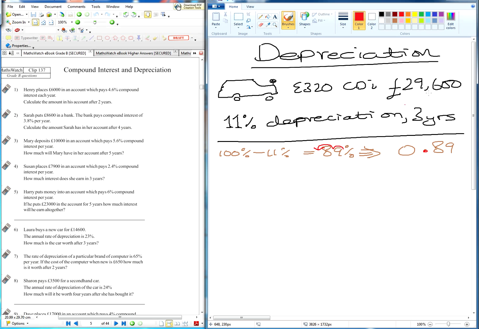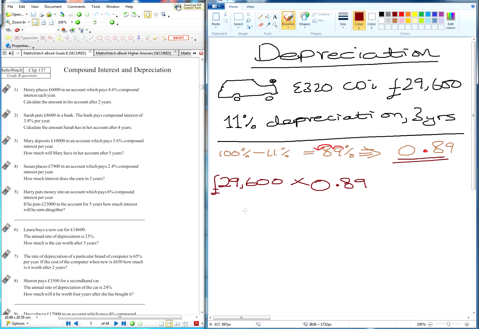Good. Now, let's start off with the value of the car. The original value of the car was 29,600. Remember, this is the avant-garde model. It's the good one, the one that's worth buying. Then we multiply it by the decimal multiplier, 0.89, which includes 11% depreciation.